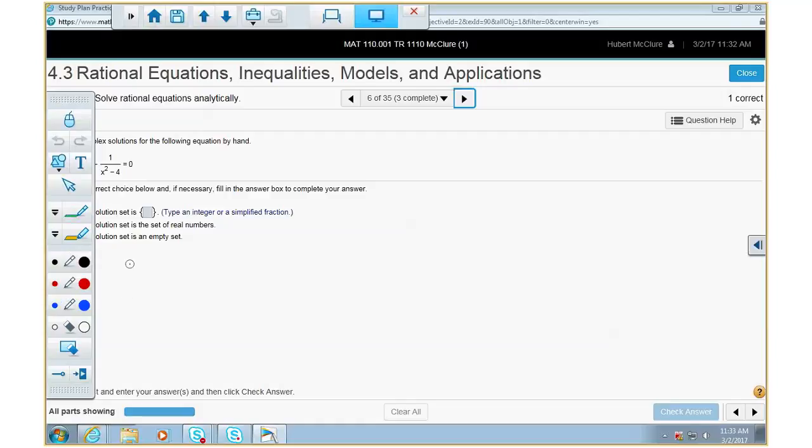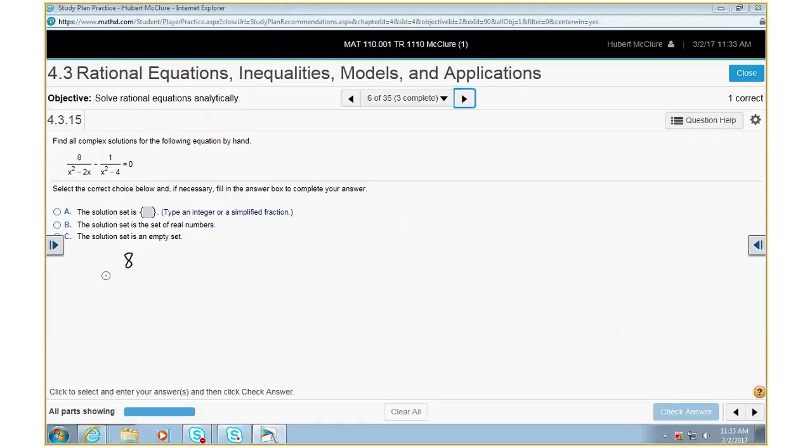All right, so this one is 8 over x squared minus 2x minus 1 over x squared minus 4. Now really, go back to pre-algebra. 1 over 7x minus 3 over 2x squared is equal to 0.